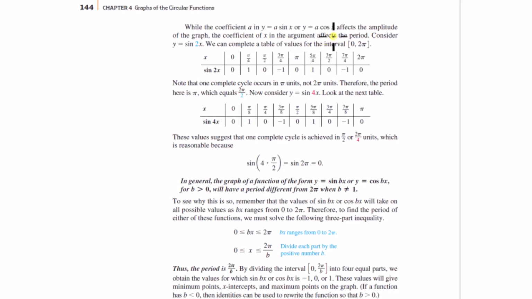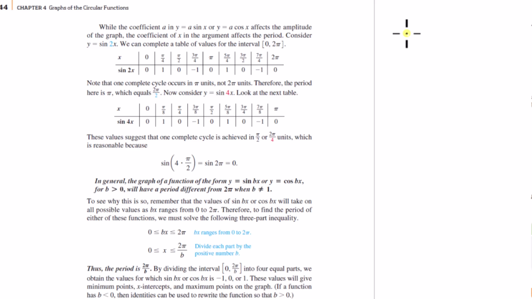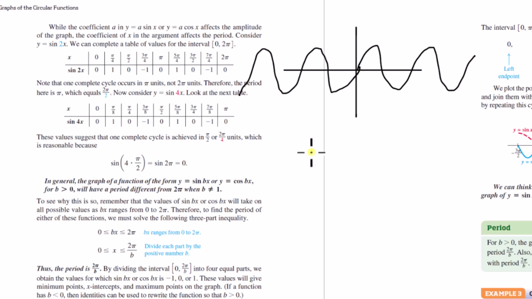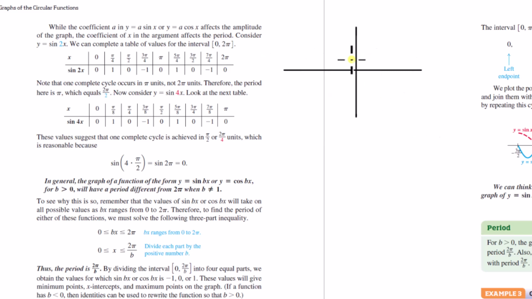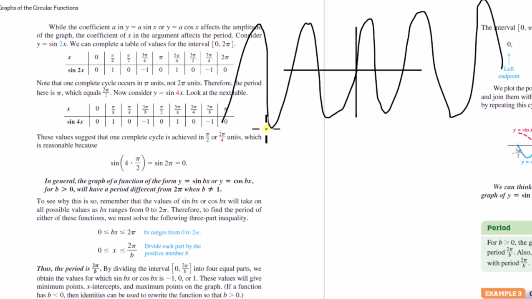So the standard period is 2 pi, but if we go from a standard sinusoid, let's say, and now let's say we stretch it about the y-axis, well, we didn't change the period.